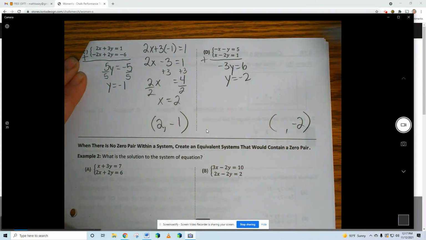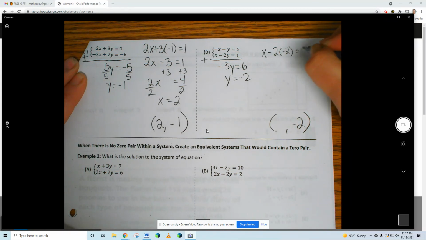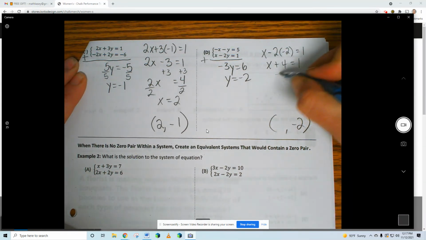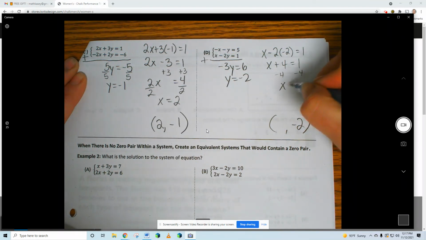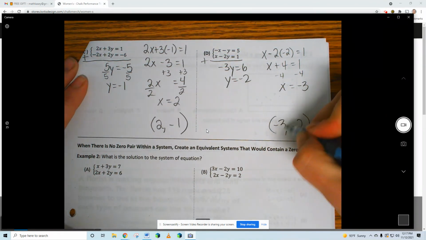And then did you get negative 3? Don't be copying off me right now. No, I've got to do one. Okay, I want you to be verifying with me. Yes, that's what I got.